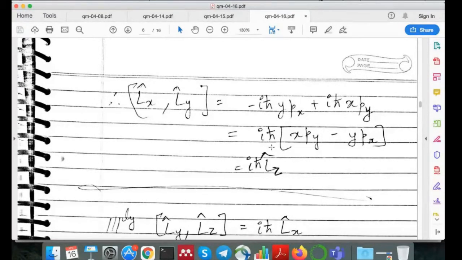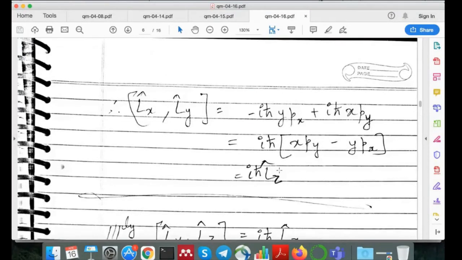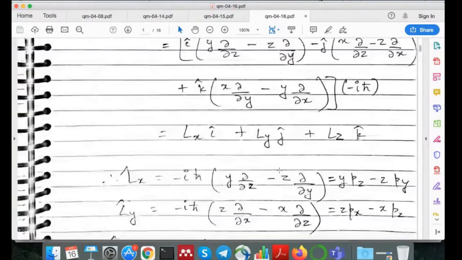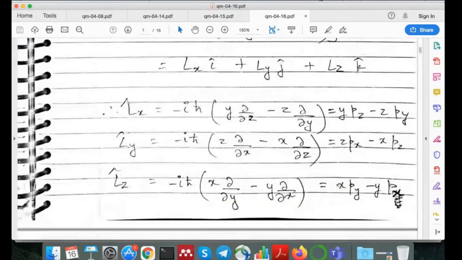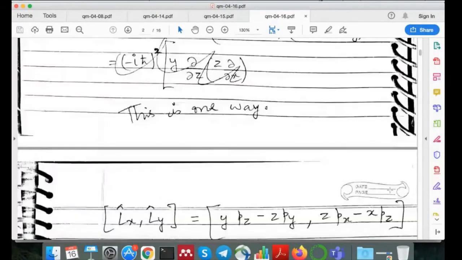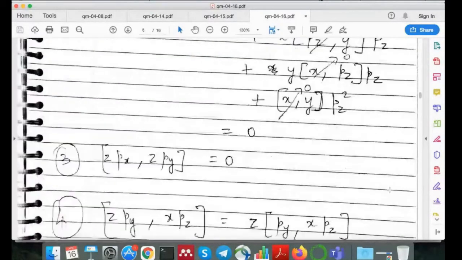You take iħ outside, and you'll get iħ (x py minus y px). And x py minus y px is nothing but your Lz operator. If you go back and look at the formula, this is your Lz operator, and that is what we have got finally.